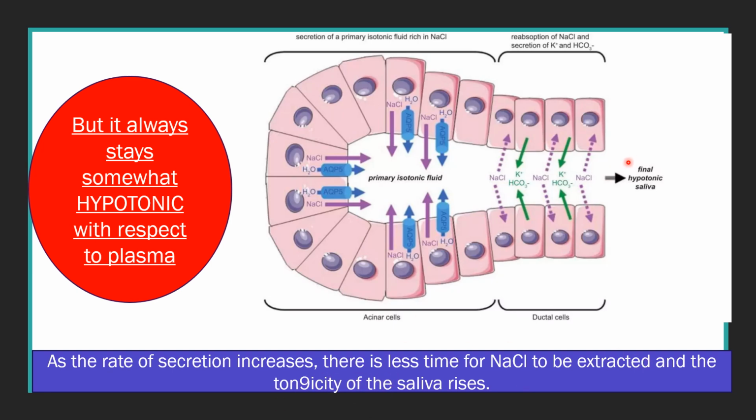But although the flow rate is increased and the tonicity is raised, it always stays somewhat hypotonic with respect to plasma. So in this way we can say that the saliva that is secreted is hypotonic in character.